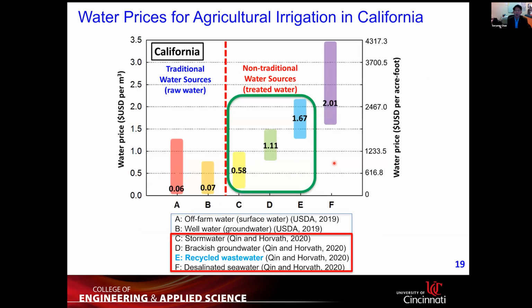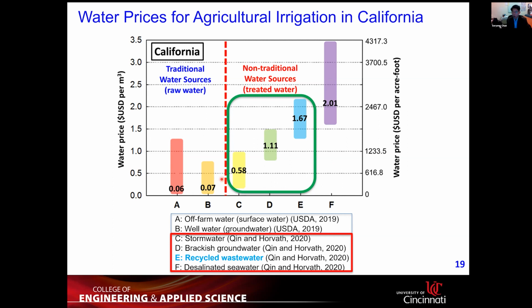And here's my own analysis of the water price in the United States. Some states, like California and Florida, use a lot of water for agriculture. They grow almonds, peanuts, oranges, and some valuable vegetables.